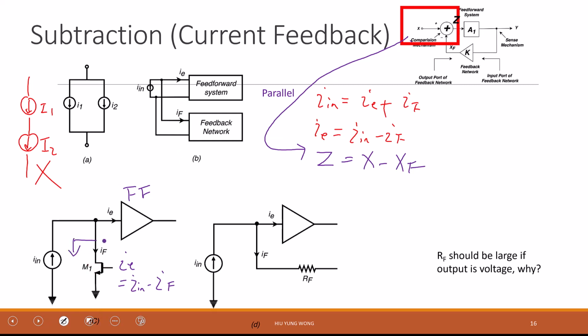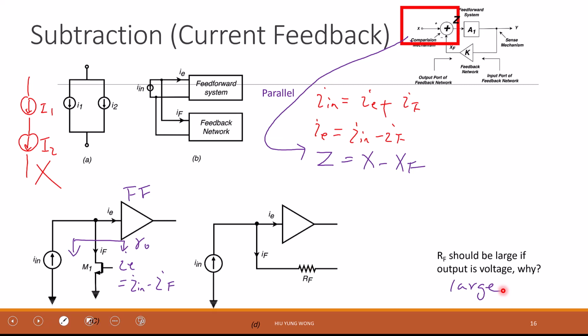What is the output impedance of this guy in what order? Approximately RO, pretty large. So because of this, for RF, should I make it large or small? If I want it to be a good current source to do current subtraction. Large. You want it to be large.